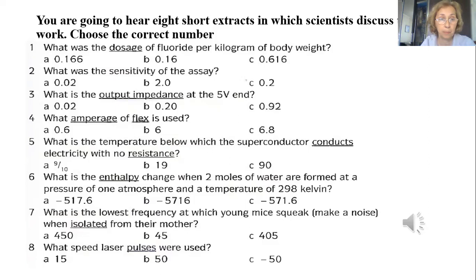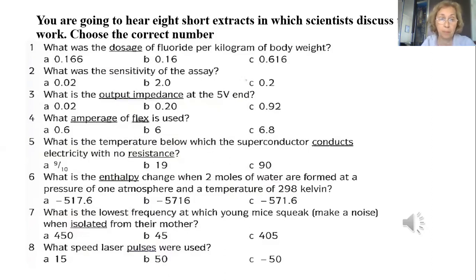4. 6 amp 3-core mains flex is used for the mains input, which connects straight to the PCB. 5. Inserting a few atoms of potassium makes the compound a superconductor which, below a critical temperature of about 19 kelvins, conducts electricity with no resistance. 6.